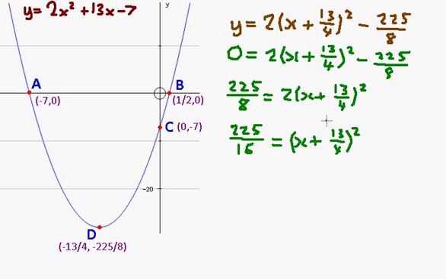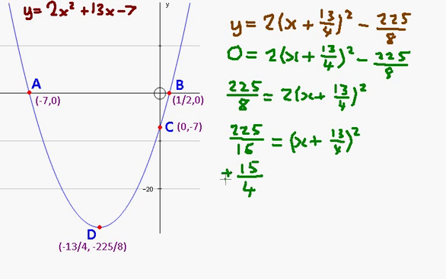Recognise that I didn't square root and then divide by 2. You can't do it that way. You can't do it in those stages. You've got to divide by 2 and then square root. Otherwise, you would end up with a square root of 2. You would have to square root the 2 as well. So now I'm going to square root both sides. The square root of 225 we know is 15. The square root of 16 is 4.